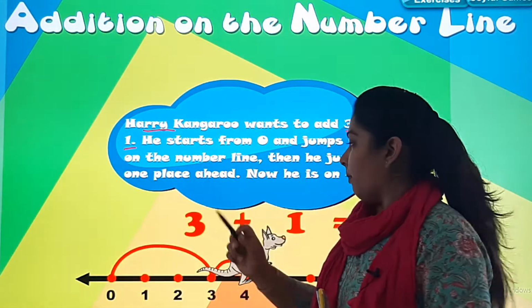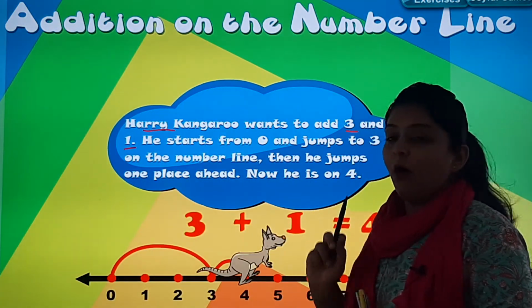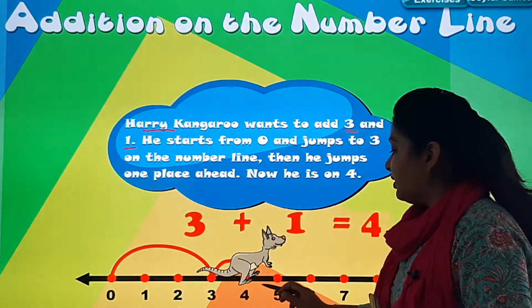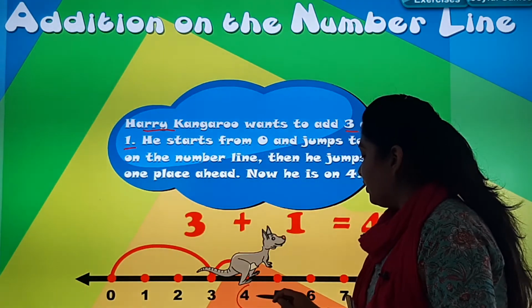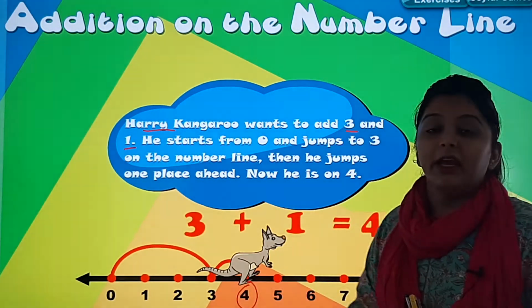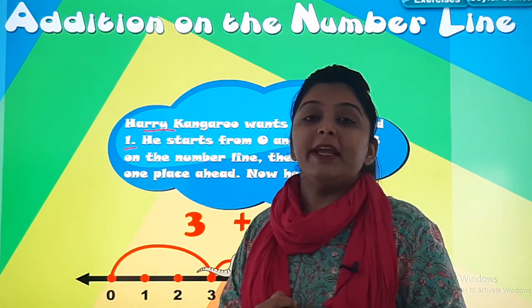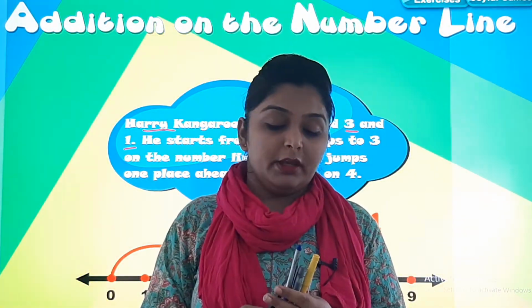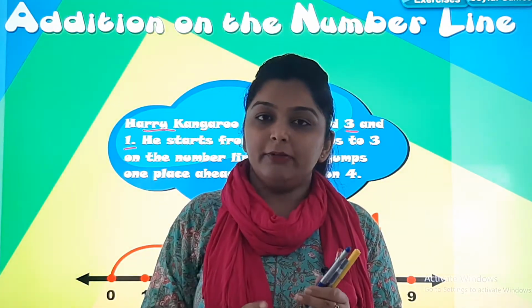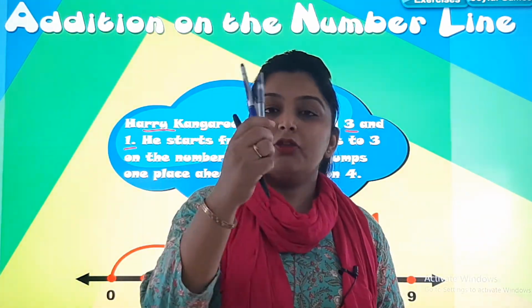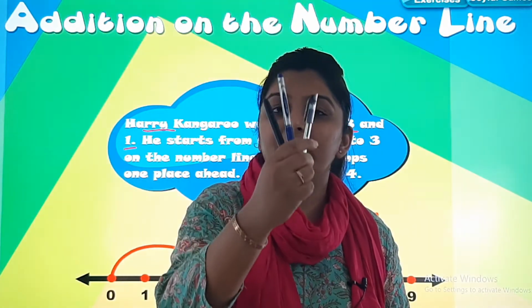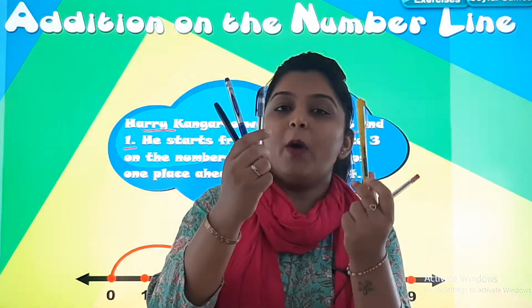Then one more jump, that is number 1. See now, the kangaroo is on which place? He is on number 4. That means 3. Here I will show you. Okay? See this. 3. Ma'am is having 3 pens in this hand and 1 pen.